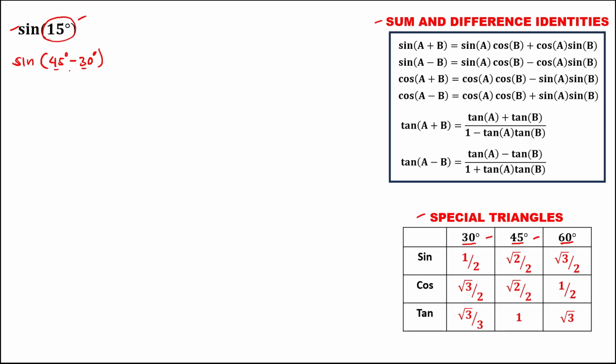So for the sine 45 degrees minus 30 degrees, this is A and this is B. So we have now sine A minus B.